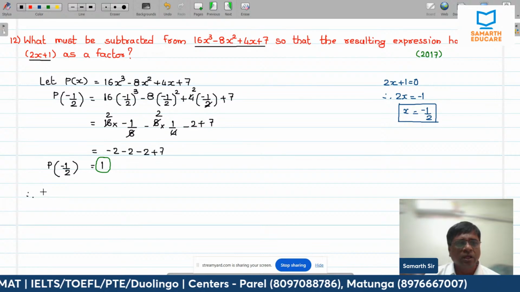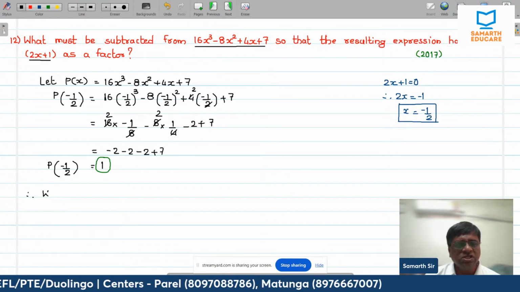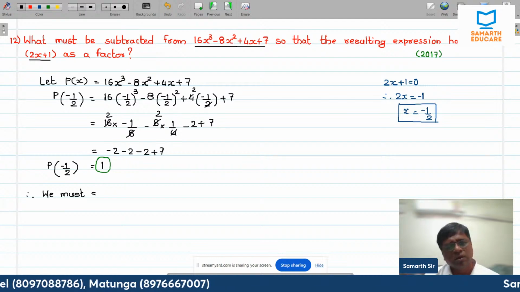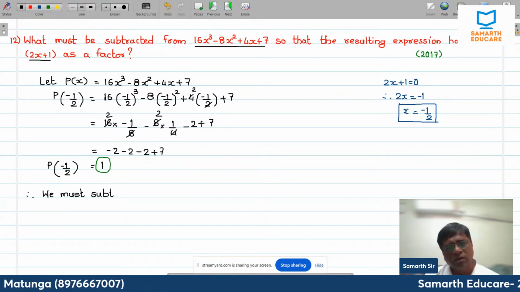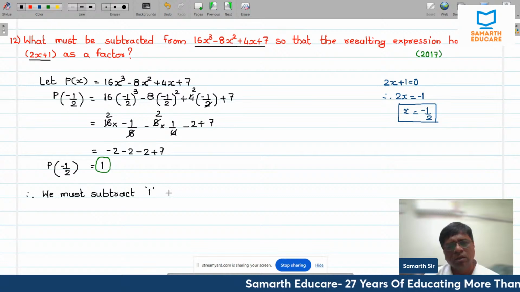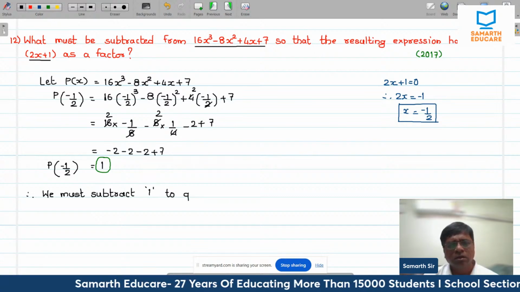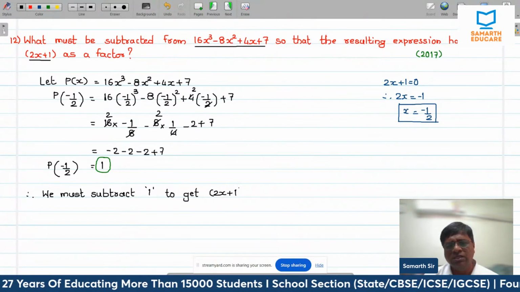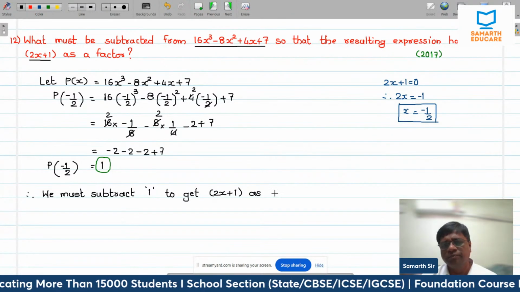Therefore, we must subtract 1 to get 2x plus 1 as a factor.